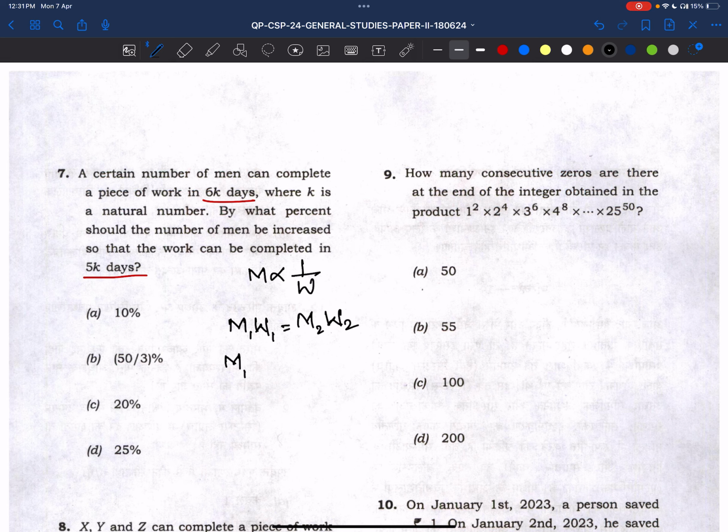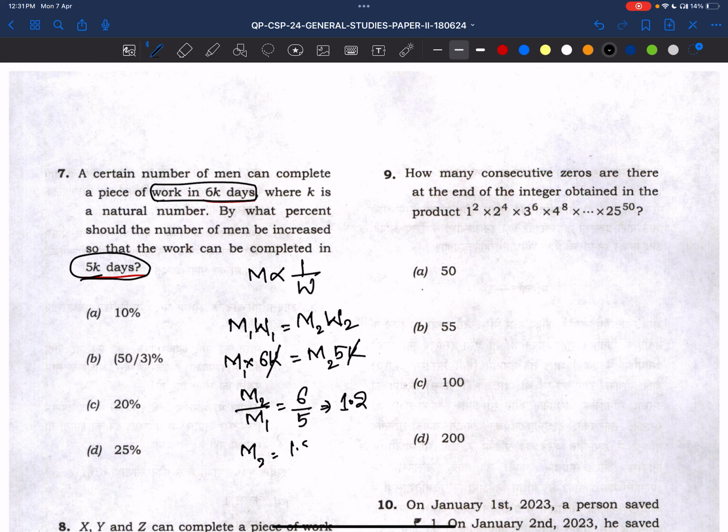The number of days is 6k. Now we have to increase the men. That increased men will be M2. Now how many days should the work be completed in? 5k. This k gets cancelled. M2 by M1 is equal to 6 by 5. That means 1.2, right? So M2 will be 1.2 times of M1.